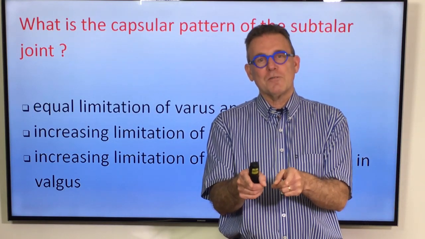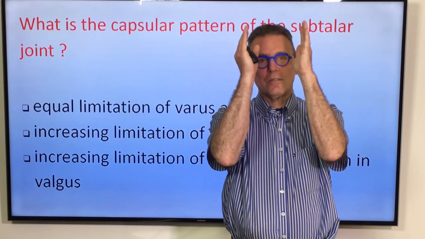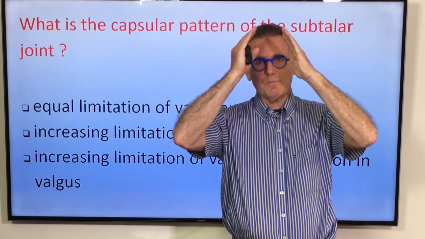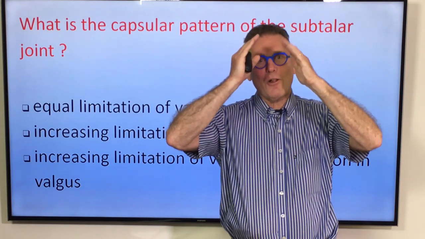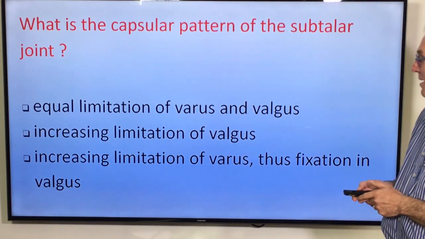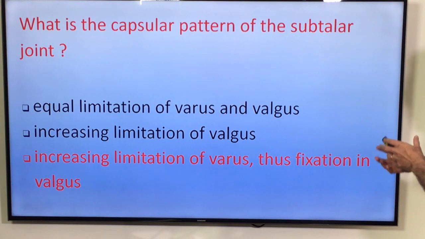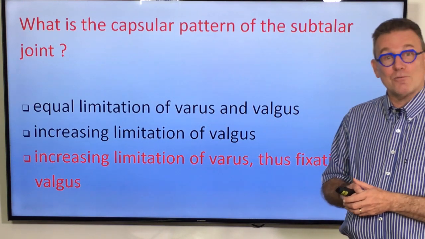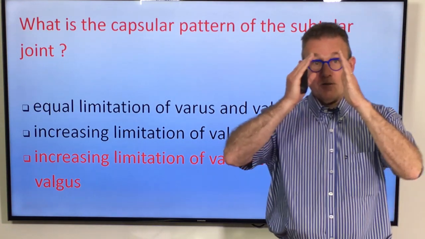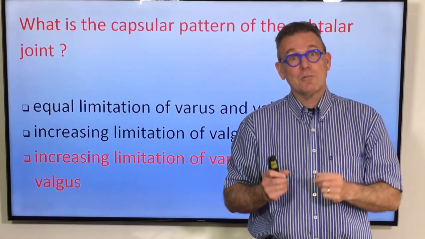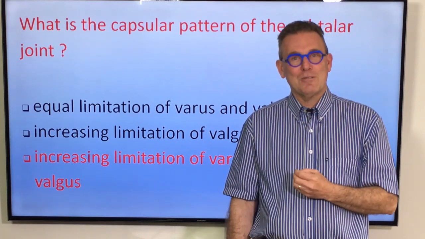Look at the position of their feet. Their heels are in a valgus position. So the capsular pattern: increasing limitation of varus with finally fixation in valgus. They're blocked in valgus. They don't have varus anymore. A very beautiful capsular pattern.